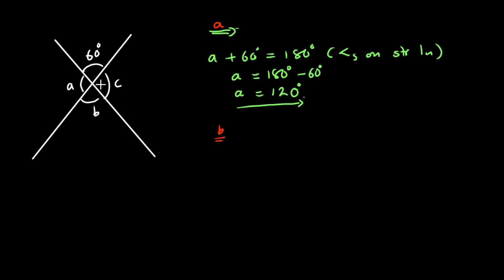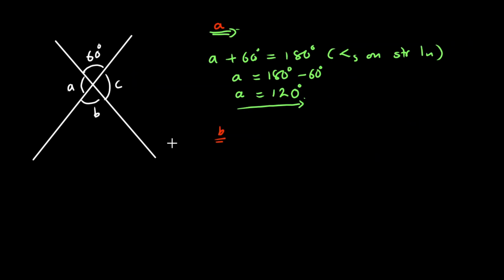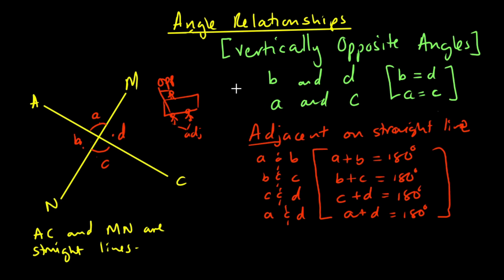60. So if they are vertically opposite, what do we say? Vertically opposite angles are equal. If the two angles are vertically opposite, then they are equal. So in other words, our B is equal to 60 degrees. What's the reason? Vertically opposite angles. Do we really write all that sentence?